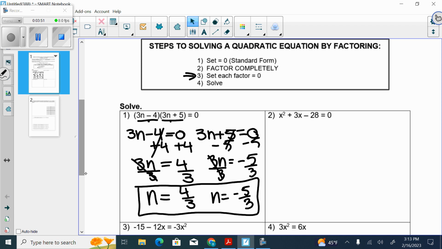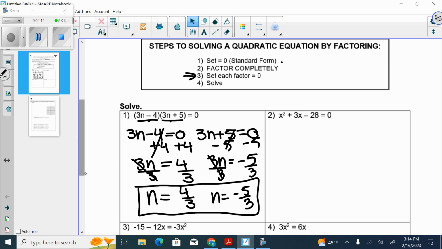Same idea on number 2. Step 1, is it equal to 0? Yeah, so I'm good there. Has it already been factored into the 2 parentheses? No, so we're going to do that part. Remember when we factor, what do we look for first? GCF, yeah, good.